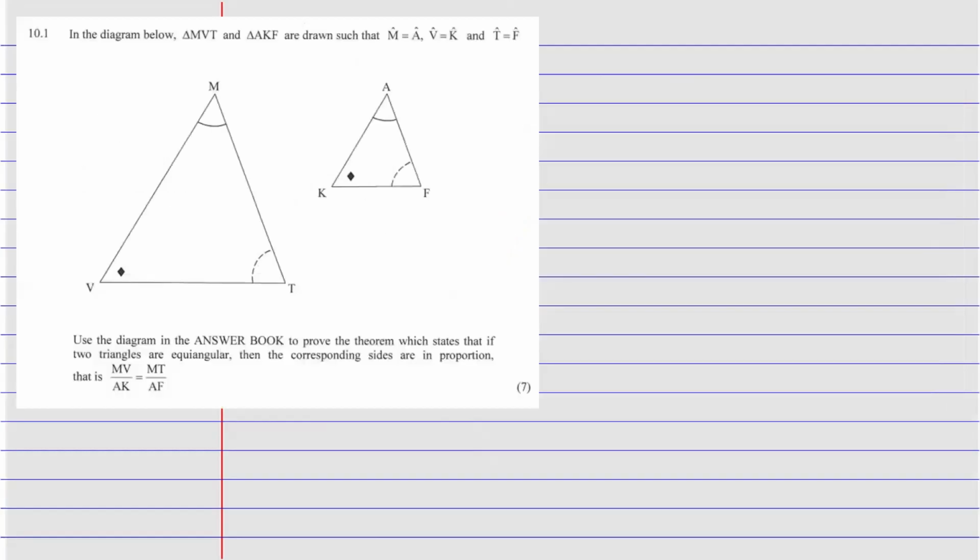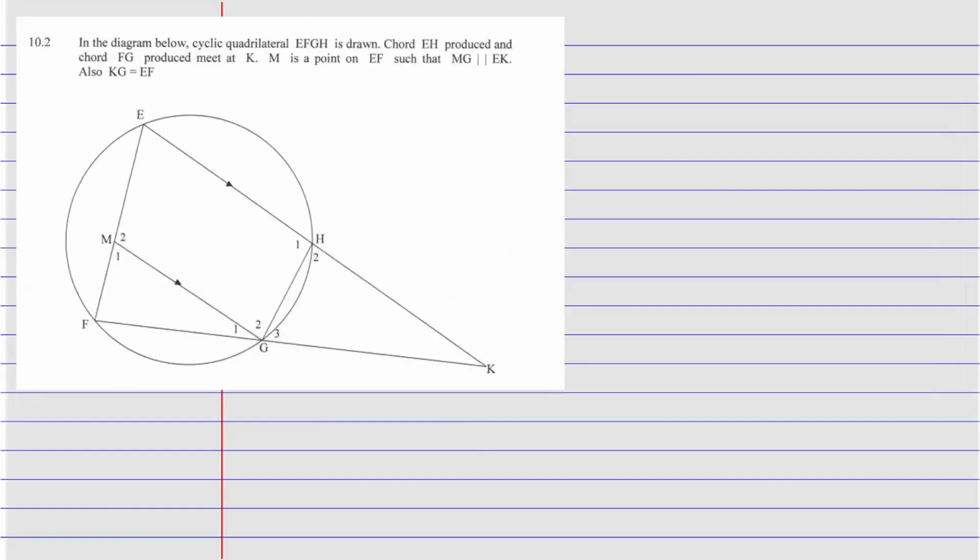So now let's move to an actual past paper question. It says, in the diagram below, a cyclic quad EFGH is drawn.